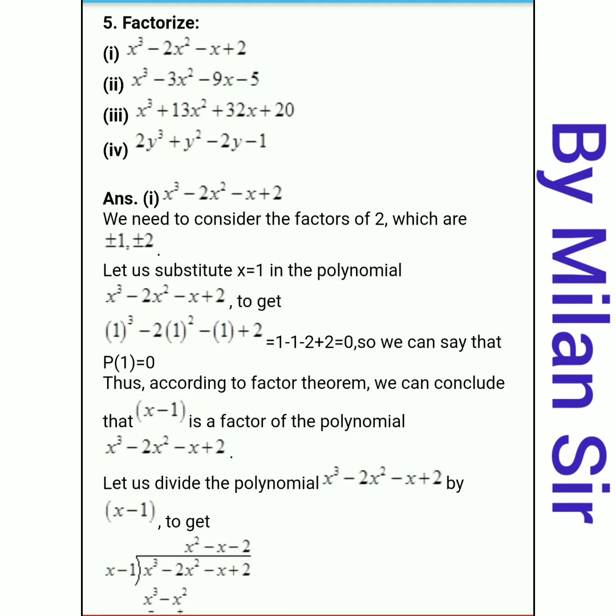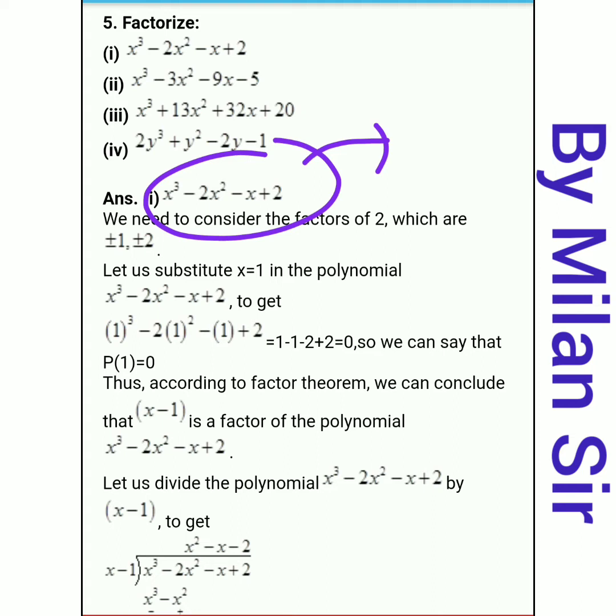Now, what is the trial and error method? First of all, factor means what? Factor means, if we divide this polynomial by its factor, then we get remainder as 0, right?